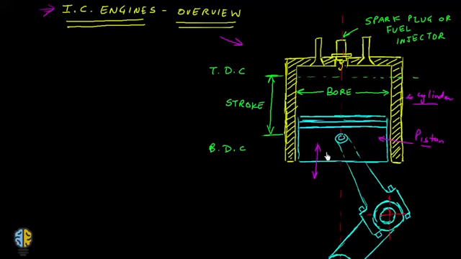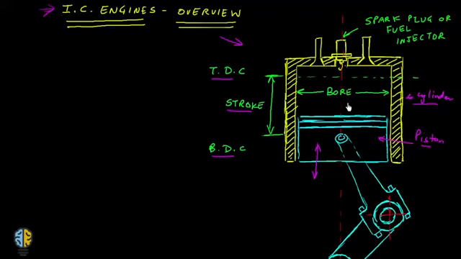The first is called the top dead center and the second is called the bottom dead center. This is the topmost position of the piston in the cylinder, and this is the bottommost position, and the distance between the top dead center and the bottom dead center is called the stroke of the piston.